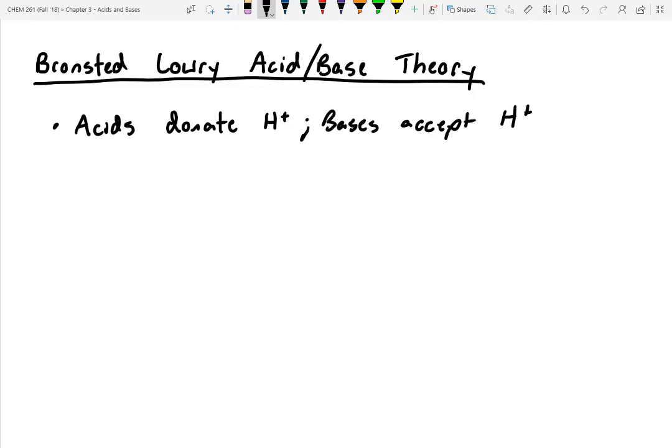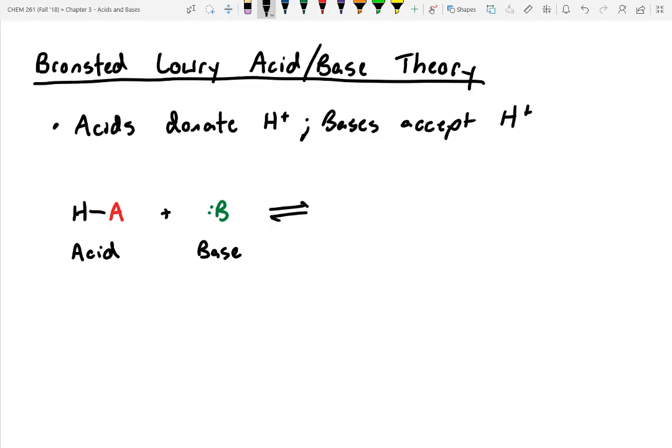And it's a pretty general theory, and I like to show this using a pretty generic acid-base reaction. So we know that in this case, this is going to be our acid. It's got a proton dangling off of it. And this is going to react with my base, which I'm going to describe as B with a lone pair. And under most conditions, you can think of this as an equilibrium reaction.